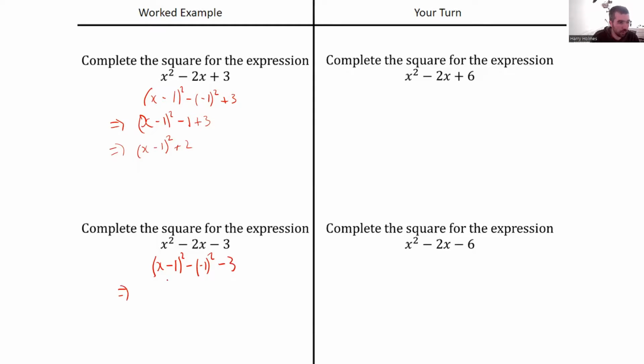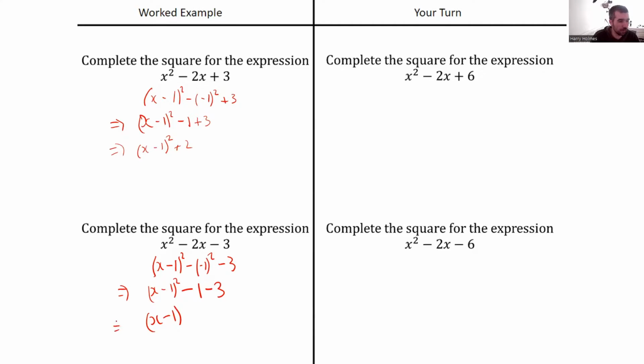Not done anything with that yet. We have now replaced the x squared take 2x with this expression. Now let's simplify things, leave my square bracket for now, and square my minus 1, which is plus 1. So that's now minus plus 1, which is minus 1. And the minus 3 is still there, which leaves us with our final line.